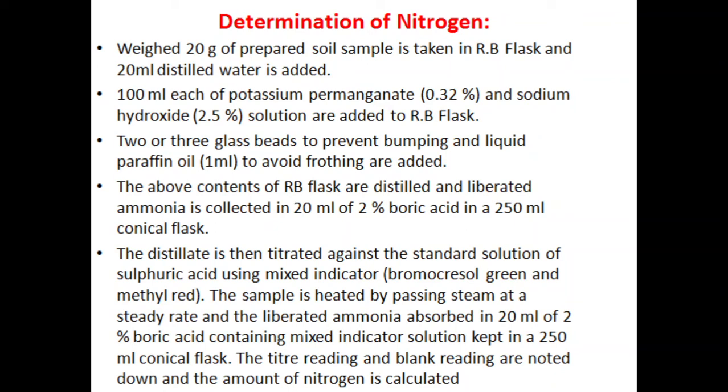Once again I repeat: 20 gram of soil sample, then 20 ml of distilled water, to that 100 ml of potassium permanganate and sodium hydroxide, then 2-3 glass beads, and a small amount of liquid paraffin to prevent frothing. They are heated and distilled, and ammonia is collected in 20 ml of 2% boric acid. Our distillate is then titrated against the sulfuric acid, and the titer is taken.